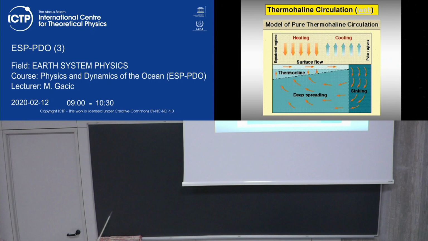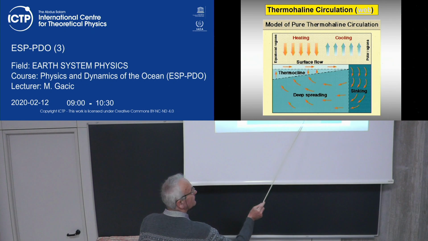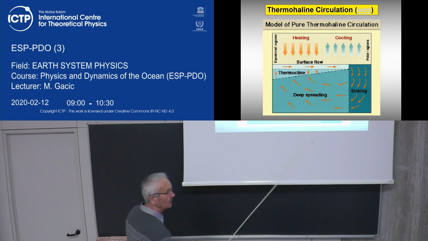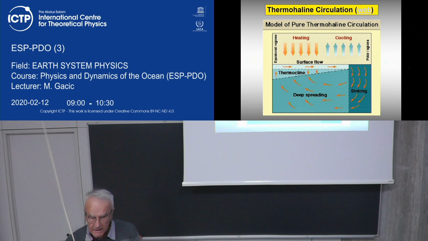It's a thermohaline. Why? Because there is another process happening here in the polar regions, which is that there we have a cold continental wind blowing. Continental wind means that on one hand it's very cold, so it takes away the heat from the sea surface.